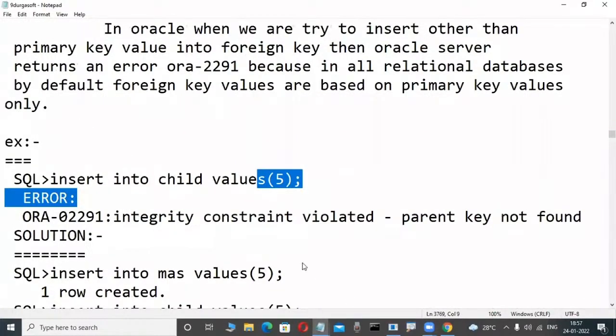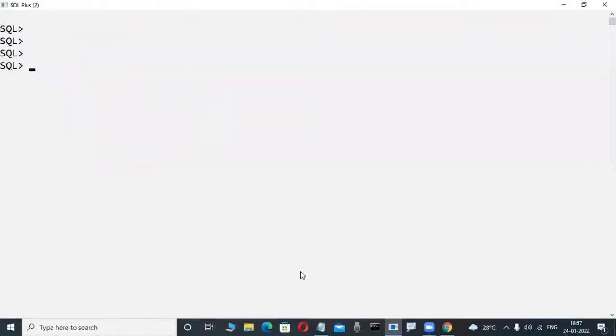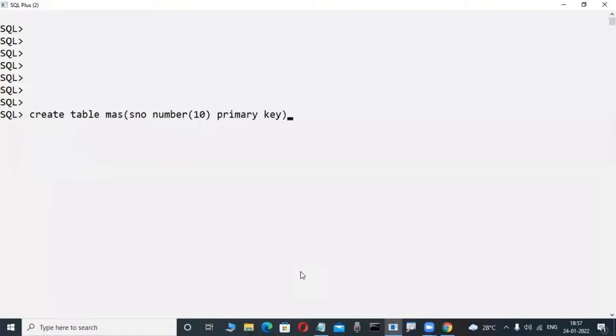Suppose you are an experienced person, for example. In the future, once you have learned our courses and have an idea, within a fraction of a second you can write master and child tables. Suppose I create a master table like this, where a primary key is available. Don't write it, it's just a demo.